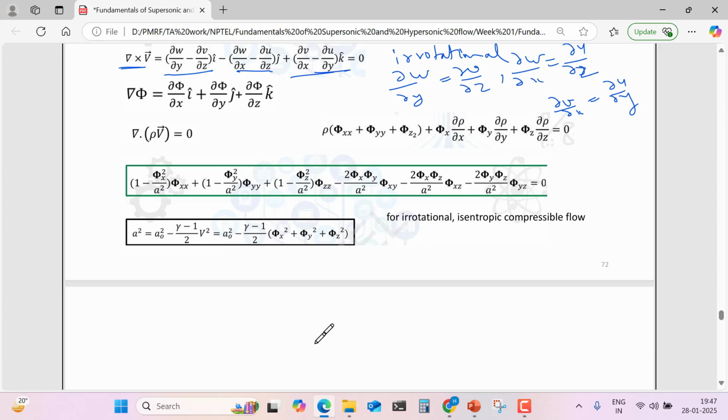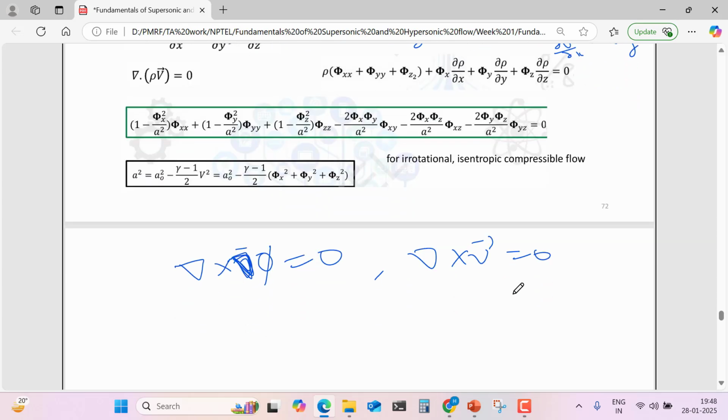In vector calculus, there is one property that the curl of the gradient of any scalar field is always 0. So now we know that del cross V equal to 0. So we can write this velocity as the gradient of one scalar field. This scalar phi is called the velocity potential.